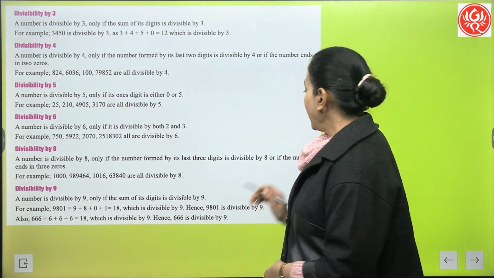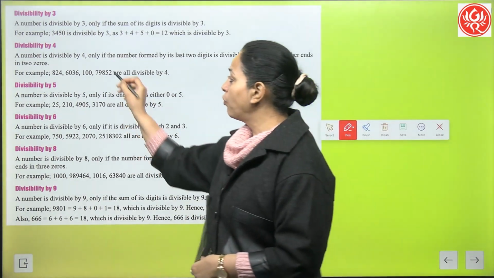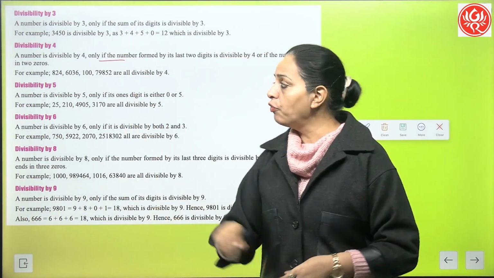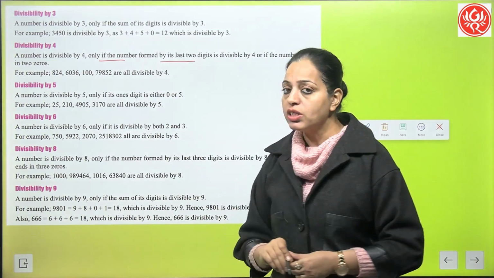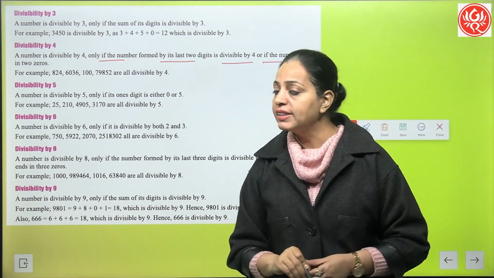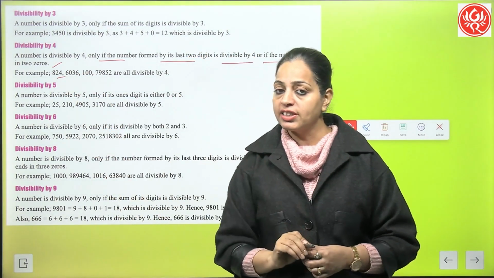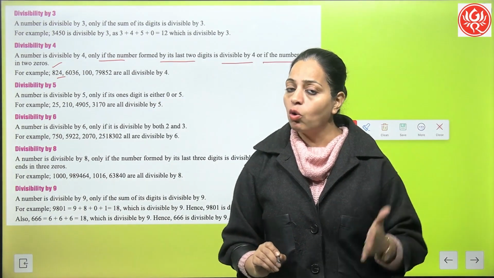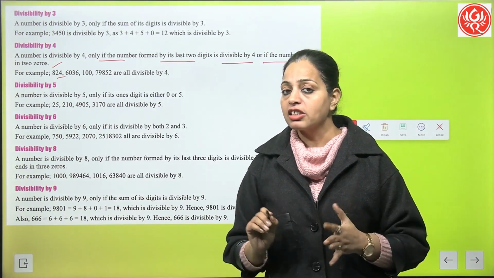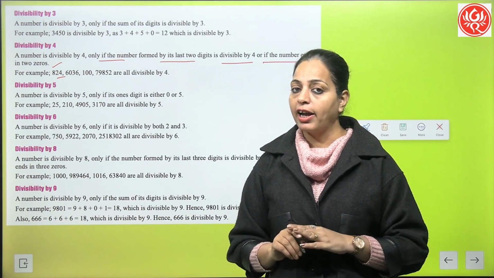Okay. Now the next is divisibility by 4. A number is divisible by 4 only if the number formed by its last 2 digits is divisible by 4 or if the number ends in 2 zeros. यानी अगर लास्ट के 2 डिजिट से जो नंबर बना है वो 4 से डिविजिबल हो या लास्ट में दोनों 0 हो, then that number is divisible by 4.